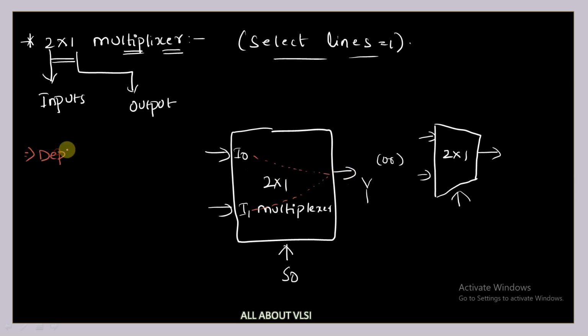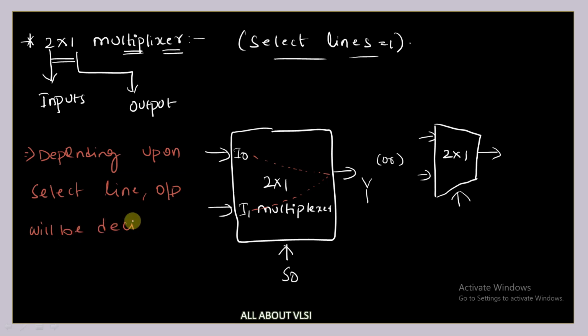I will write down here: depending upon the value of the select line, the output will be decided. That is, if S0 is equal to 0, then Y is equal to the first input I0, and if S0 is equal to 1, your output will be equal to I1.